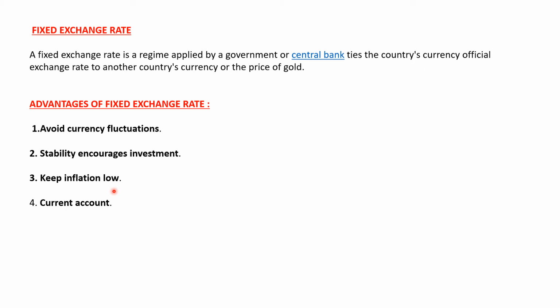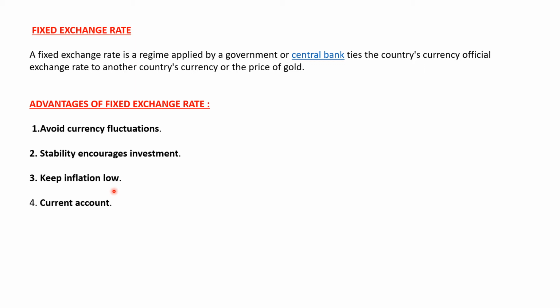Meanwhile, import prices will increase, and this situation gives less incentive to cut costs, which leads to high prices or inflation in that particular country.